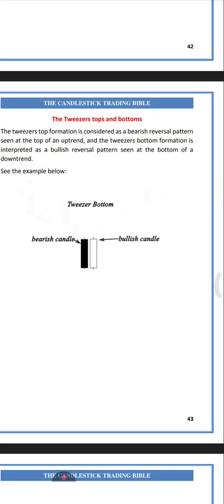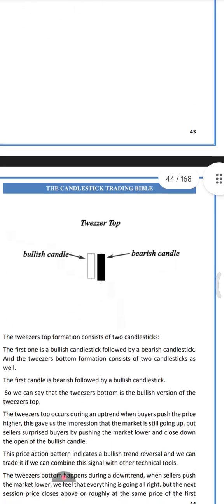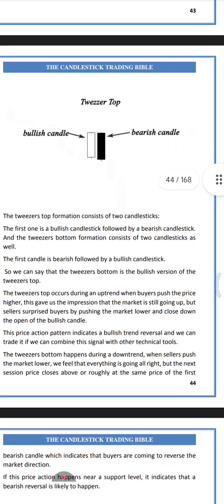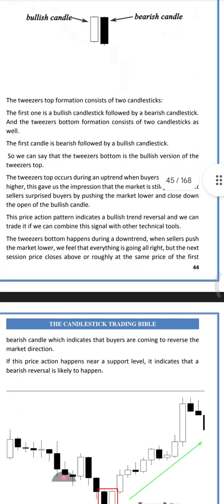The tweezer bottom means that this is found at the bottom of the chart, and the buyers have come into the market. Then if you see the tweezer top, it means that it is found at the top of the chart, which is at the supply zone, and then the price is expected to rally down.